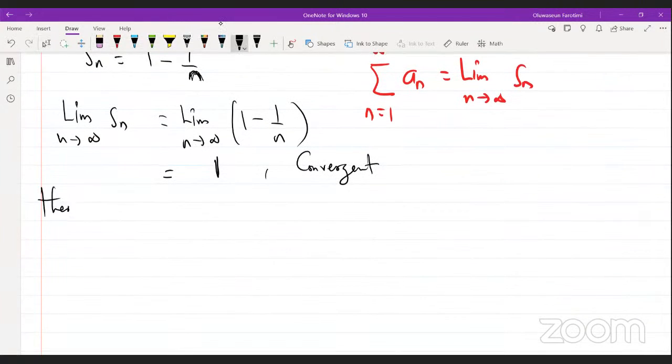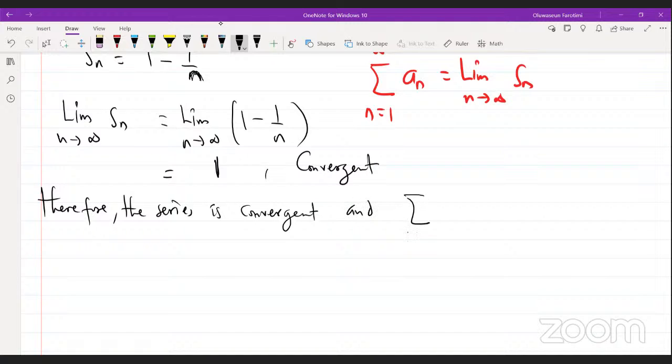So I can just say, therefore, the series is convergent, and n from 2 to infinity, 1 divided by, we're working on, what was on the bottom again? N minus 1 equals 1.